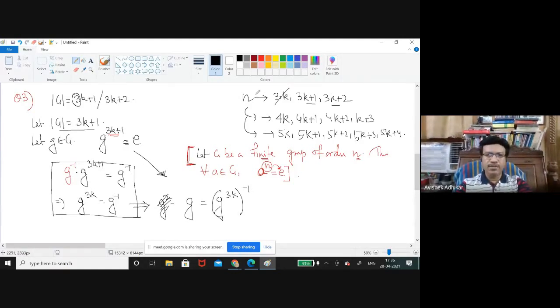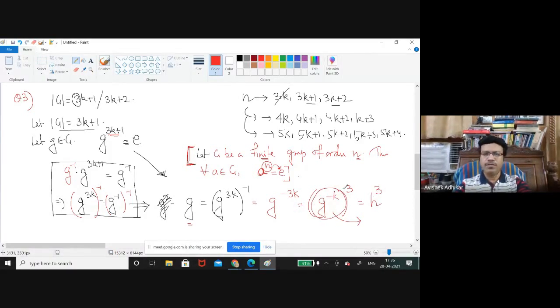If I make an inverse over this, I can make an inverse over both sides. And what is the inverse of G inverse? That becomes G. And what is the inverse of G to the power 3k? That is G to the power minus 3k. And you can consider this to be as minus k to the power of 3, and you can consider this to be as h and then h cube.